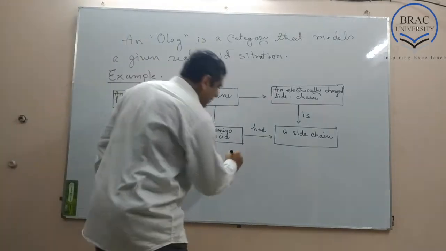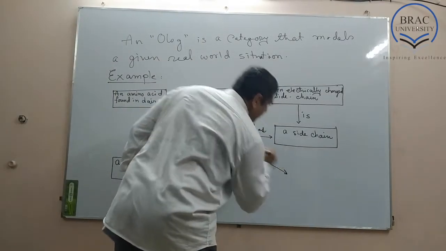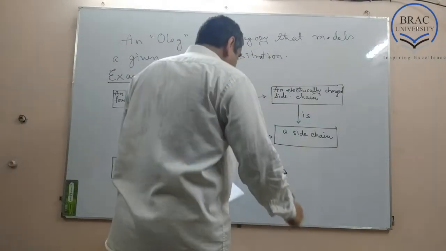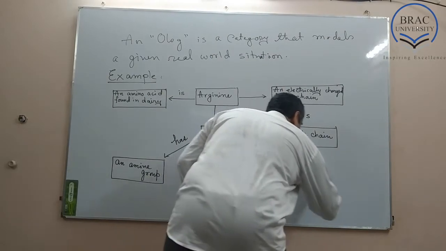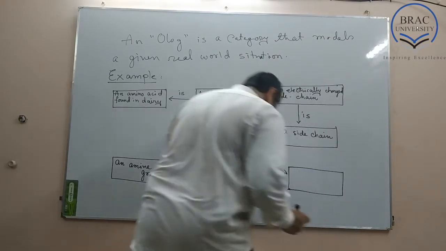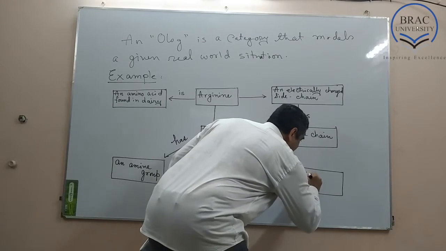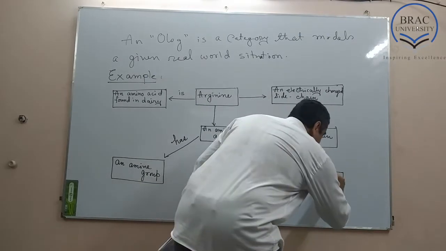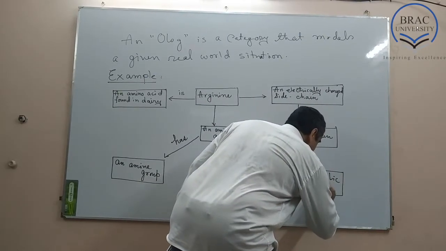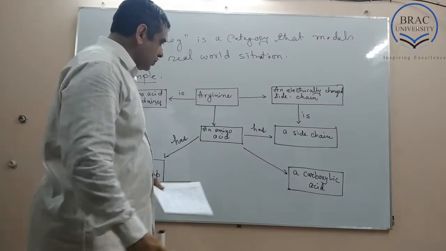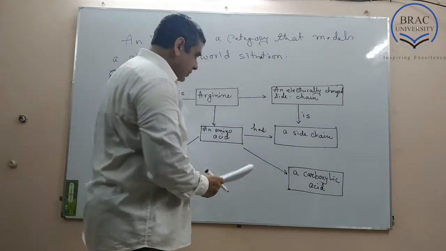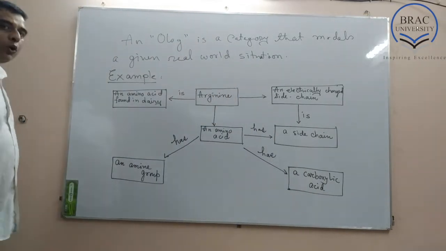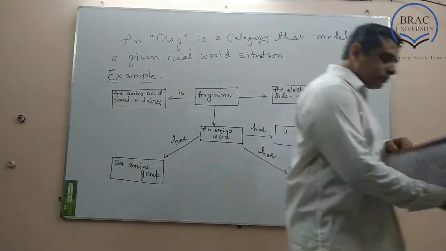And finally, there is another box located at the bottom right of the diagram labeled a carboxylic acid. And we have labeled the arrow here with "has". So this is the Olog that we are going to discuss.